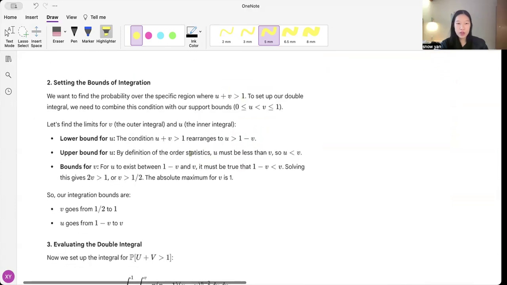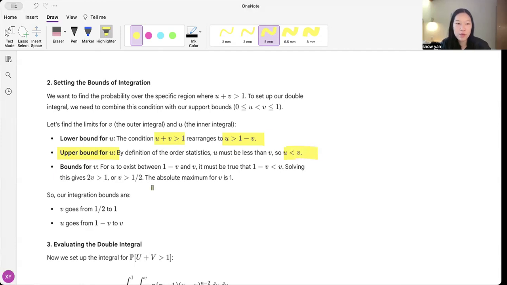Next we want to find the probability over the specific region, so we set up a double integral over U and V, and we have to find the limits. We have a lower bound for U from the condition that U plus V is greater than 1; rearranging, U is greater than 1 minus V. Then there is an upper bound for U because in order statistics U must be less than V, which was already a given condition.